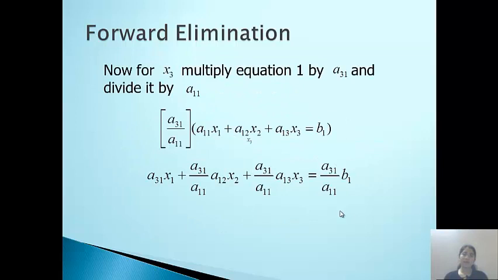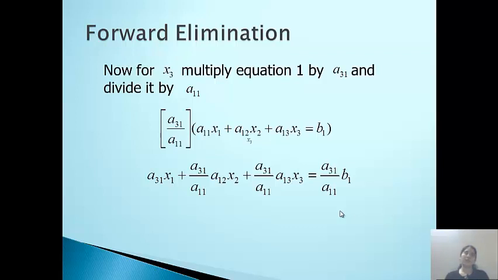Now for the third equation, multiply equation 1 by a31 and divide it by a11. By this we can make the coefficient a31 zero.